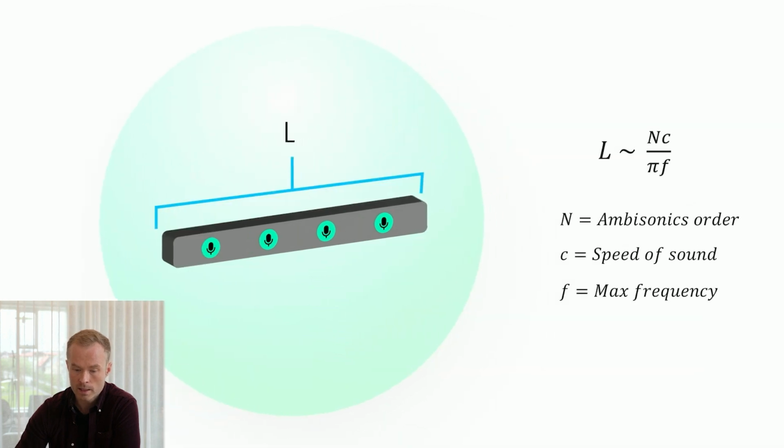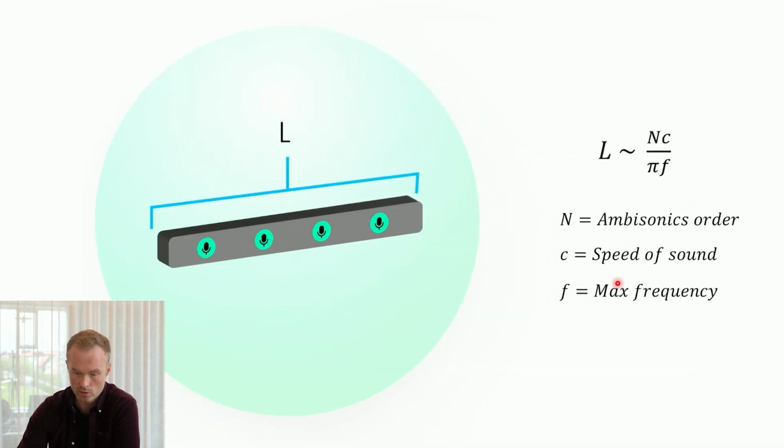This device has a length L, and this is the rule of thumb formula that you can use to decide on which ambisonics order you use for which frequency you want to resolve. So N here is ambisonics order, then the speed of sound, and then we have frequency here.